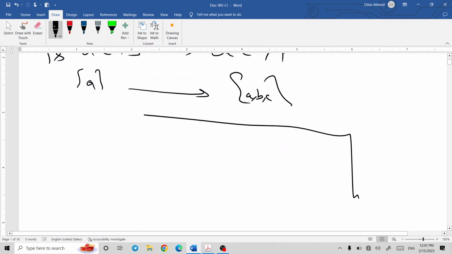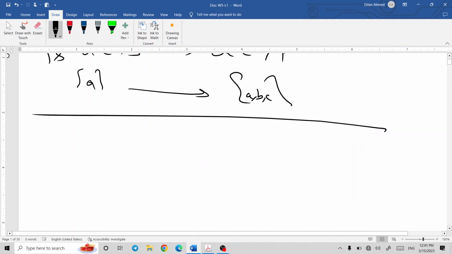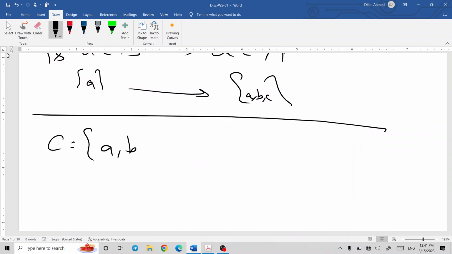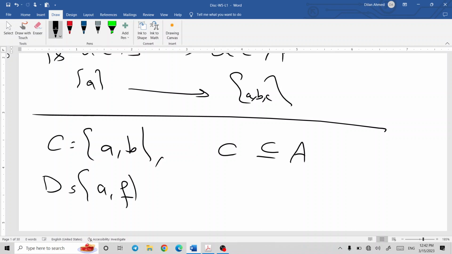How about if I have C equal to {a, b}? Of course, we can say that C also is a subset of A. That's the symbol of the subset, okay? And if I have D equal to {a, f}, tell me, is D a subset of A or not?